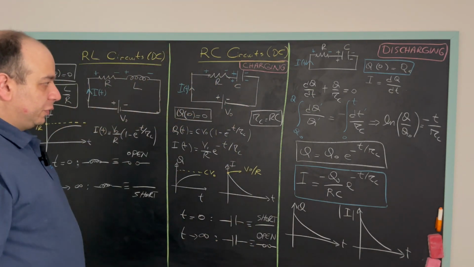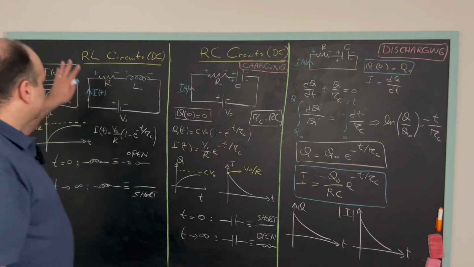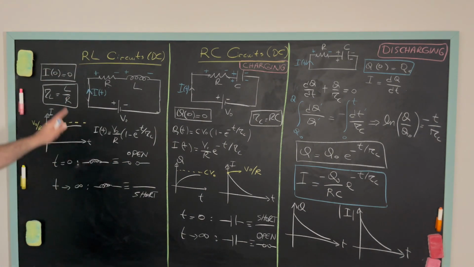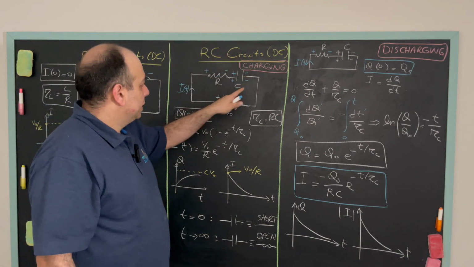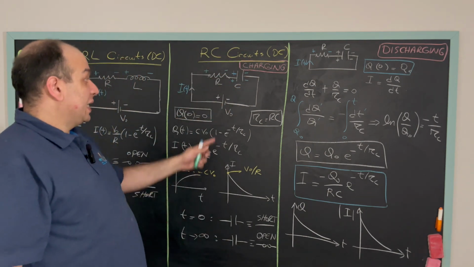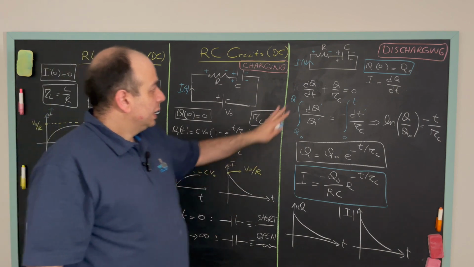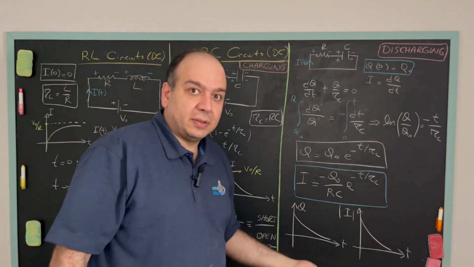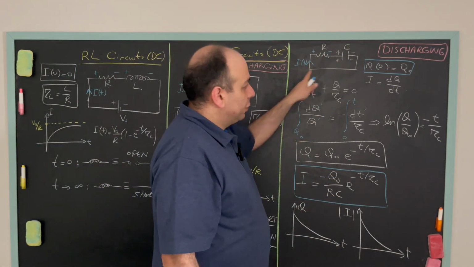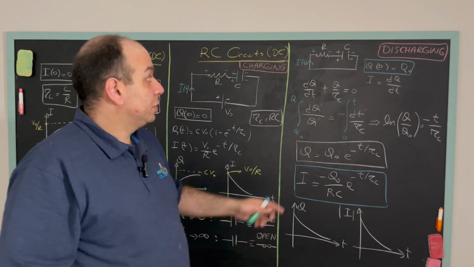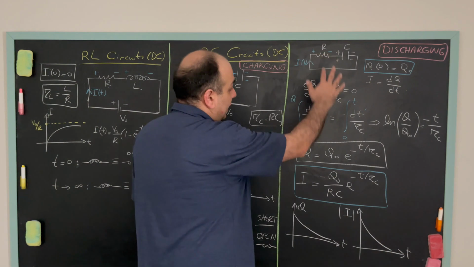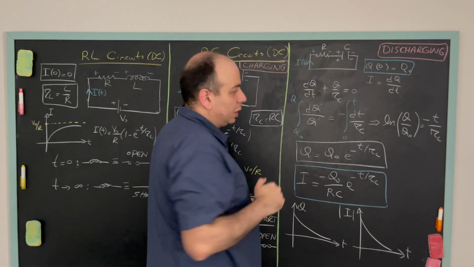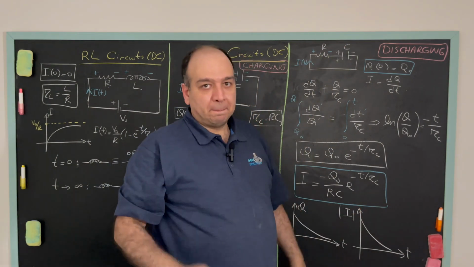So in this first section, what we did was we studied RL circuits, powered by a DC source, and then we looked at an RC circuit where we were charging a capacitor using a DC source. In this last example, we looked at an RC circuit where there is no external DC source and this capacitor is initially charged, and we looked at how it loses its charge with time.